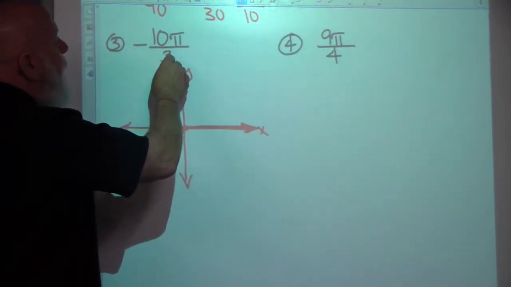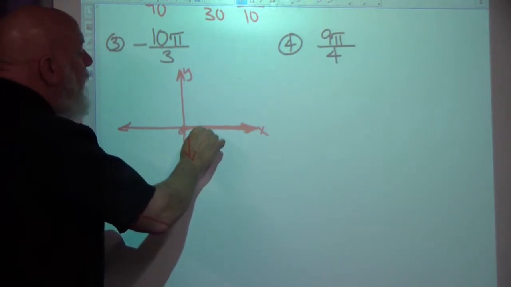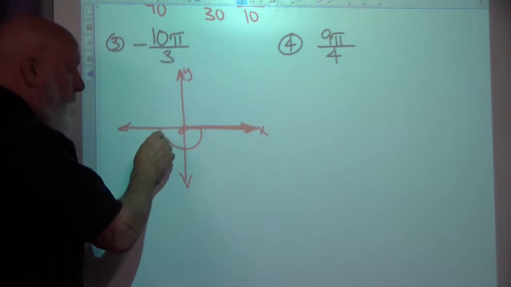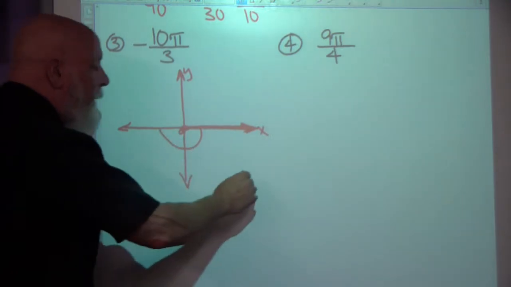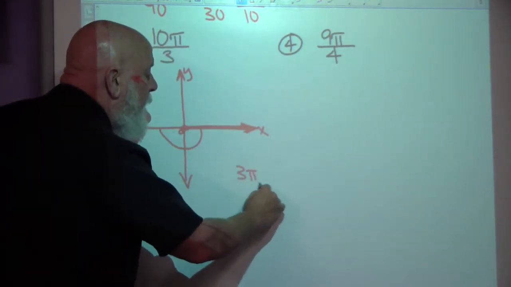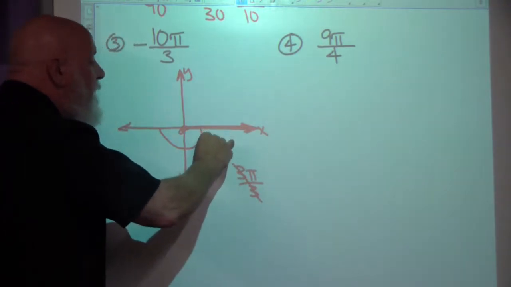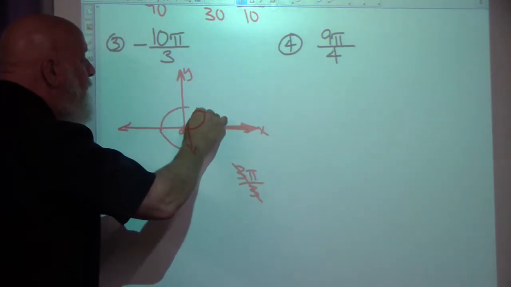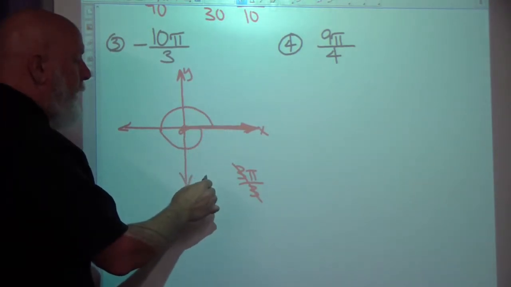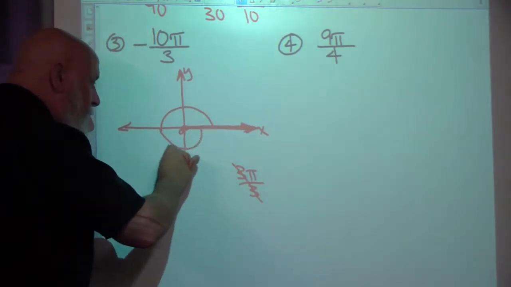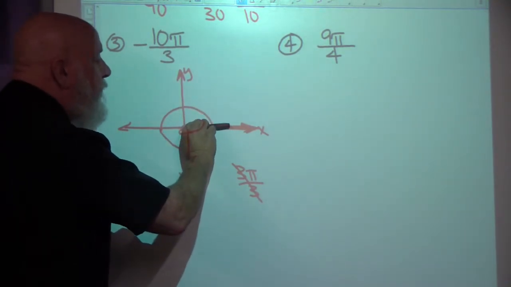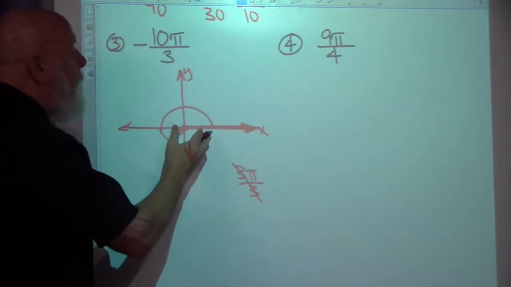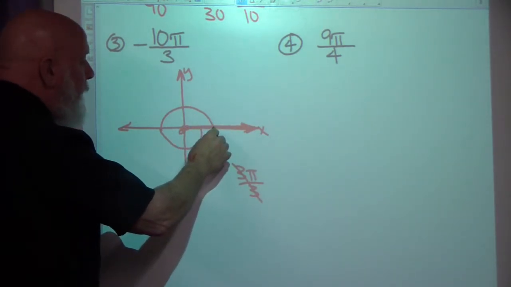So if I have 10 pi over 3, and I'm going in a negative direction, 3 pi over 3 is pi, so that's negative pi. Here's 6 pi over 3. That's 2 pi. I've gone a full rotation. This terminal side has now rotated 360 degrees, or 2 pi radians, which is 6 pi over 3.